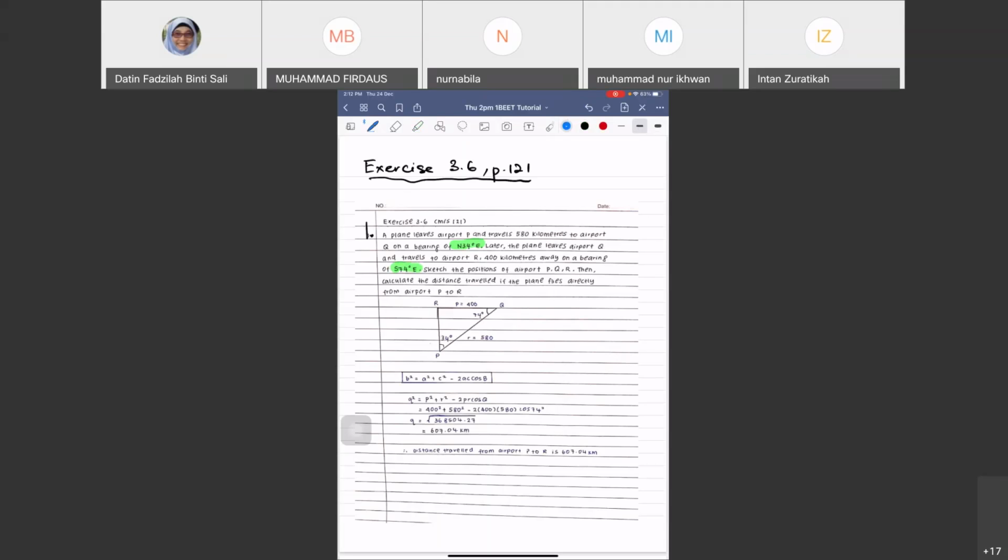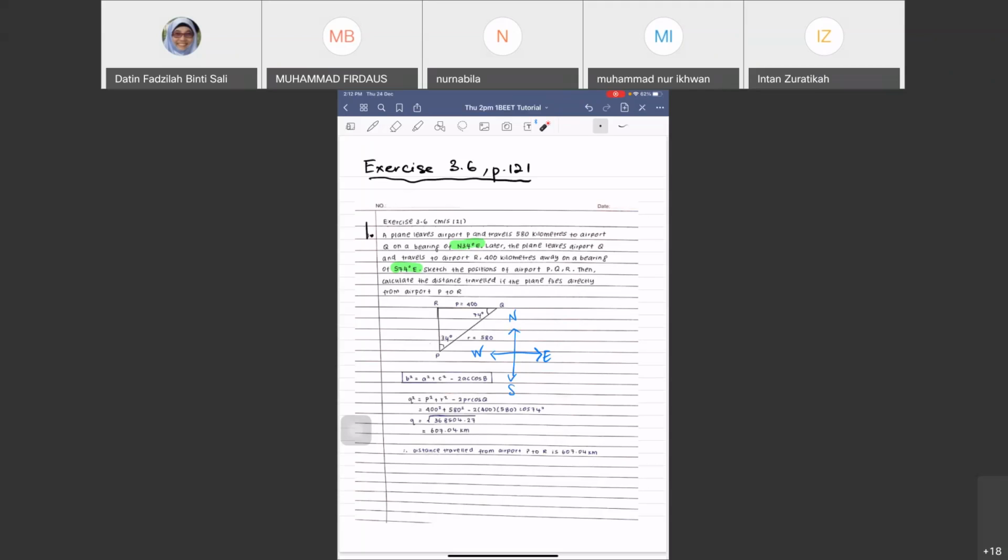So if it is north 34 degrees east, this is your north, south, east and west. When we draw a bearing, it is basically from north as well as from south. It's always from either here or here.